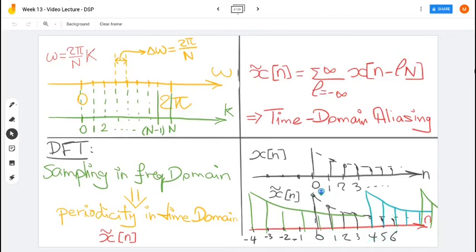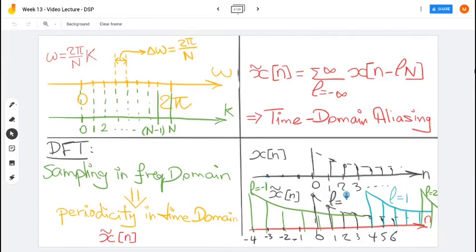And if we set l equal to 1, we will get x of n minus capital N. So you will get this curve, l equal to 1. And if we set l equal to 2, we will get this green curve. This is l equal to 2. And if we set l equal to minus 1, we will get this curve, l equal to minus 1, and so on. And of course, the black one is l equal to 0.